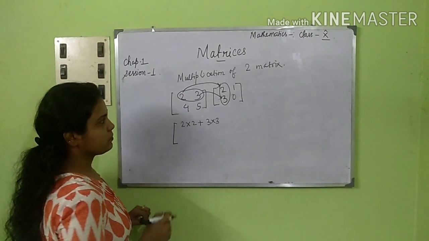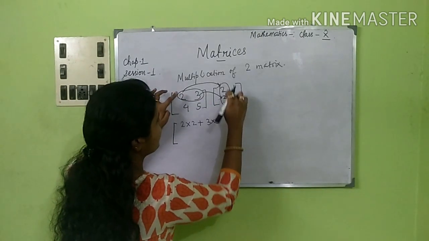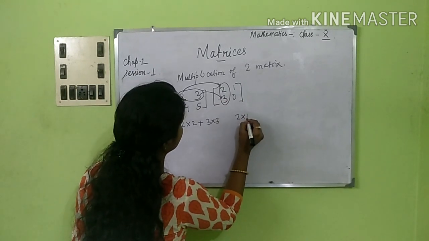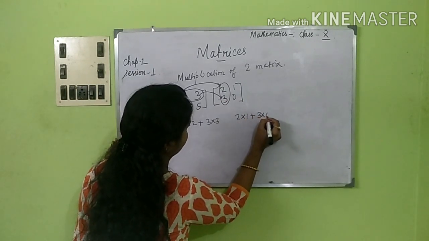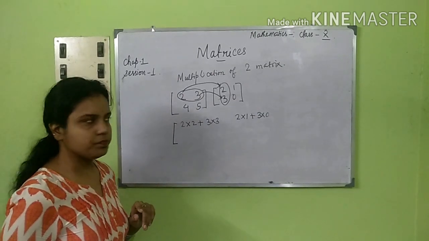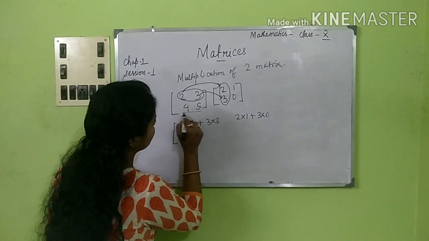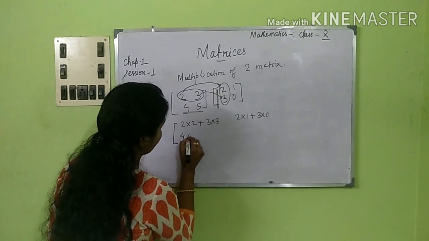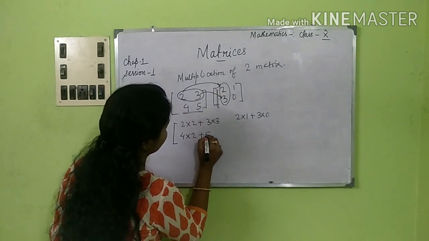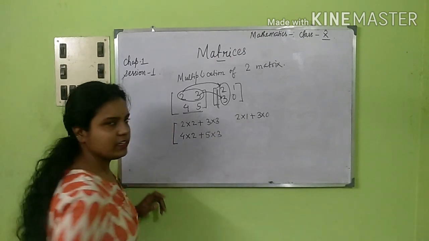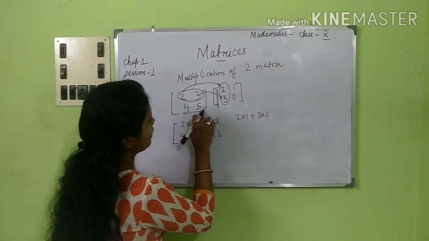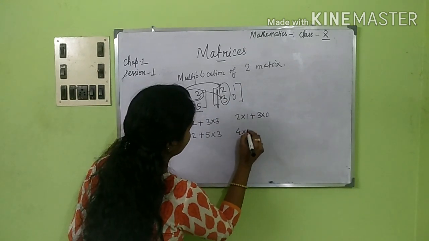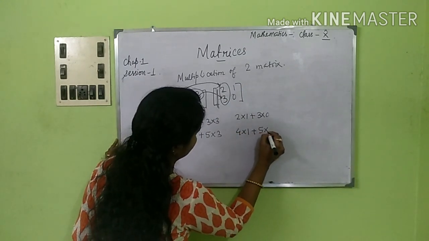Next, these two elements will again go with this 1 and 0. That is 2 into 1 plus 3 into 0. Next, 4 and 5 with this again: 4 into 2 plus 5 into 3. Again, 4 and 5 with 1, 0: 4 into 1 plus 5 into 0.